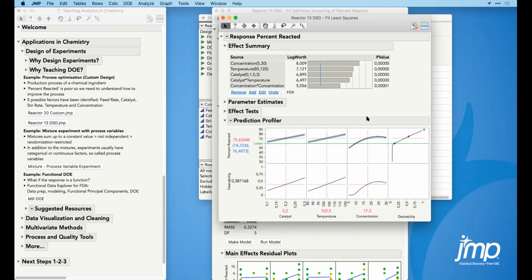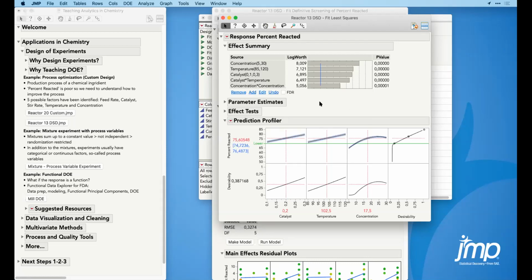The difference is that in some cases, a definitive screening design can also detect curvature, and then you can also use it for optimization.